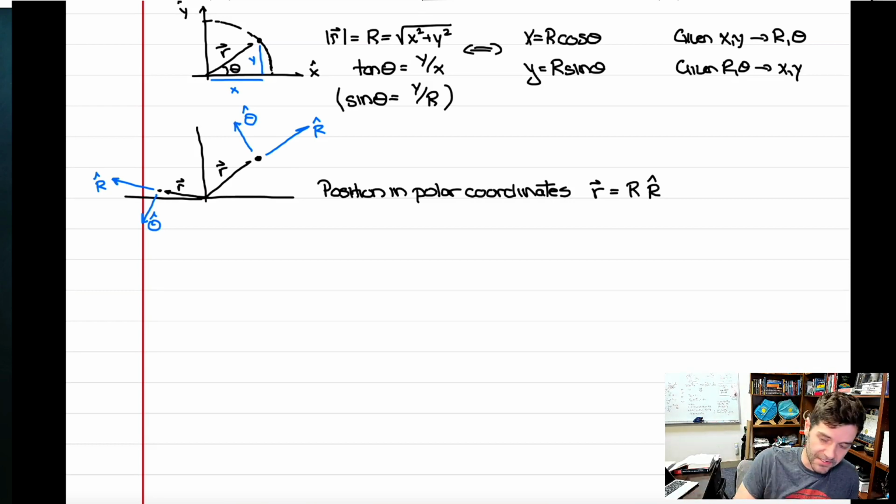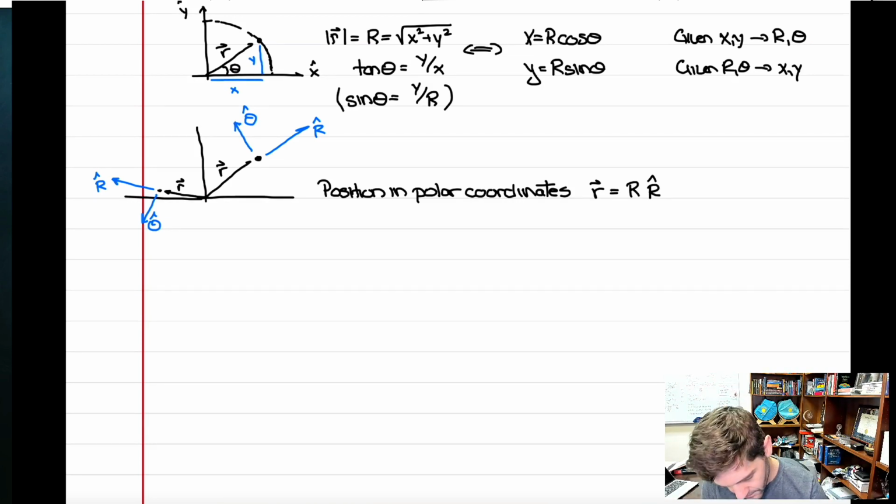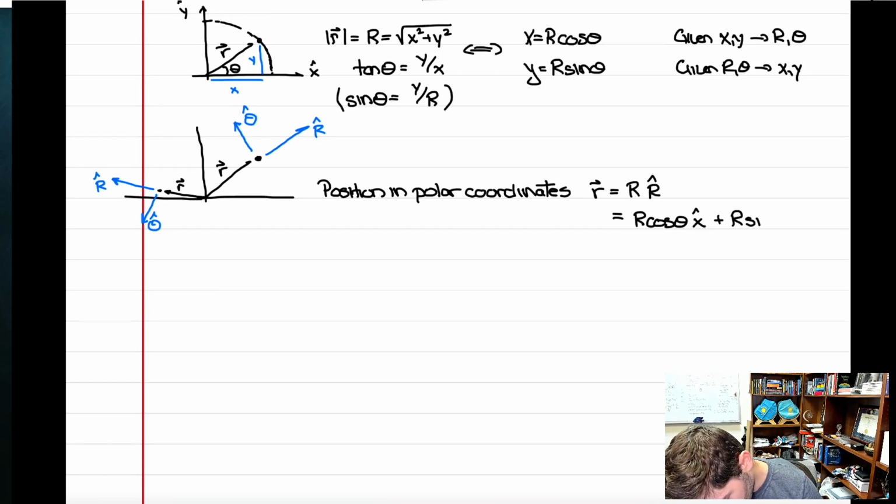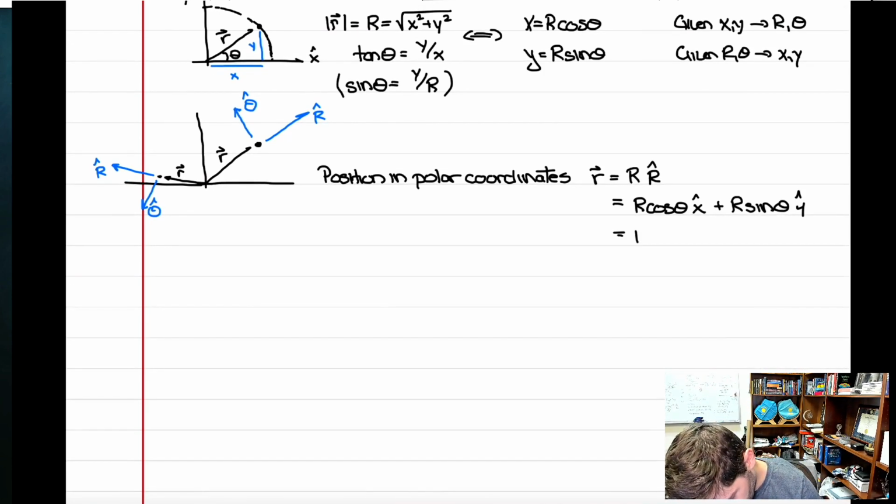If you want to orient it relative to Cartesian, you can translate it back, which again is just by the relationships above. It looks like r cosine theta in the x hat direction plus r sine theta in the y hat direction. In this case, there's an r in both terms, so I can factor it out. It looks like r times cosine of theta in the x direction plus sine of theta in the y direction.